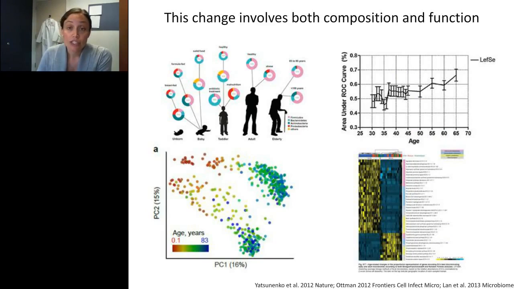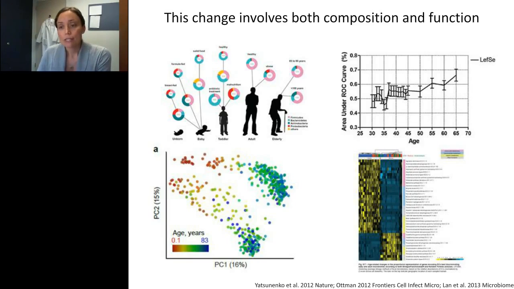And this change involves both composition, so the types of bacteria that are present, as well as function. When we compare adults and infants, not surprisingly, we find very dramatic differences in function and functional potential of the microbiome related to things like amino acid metabolism and utilization of vitamins and cofactors.